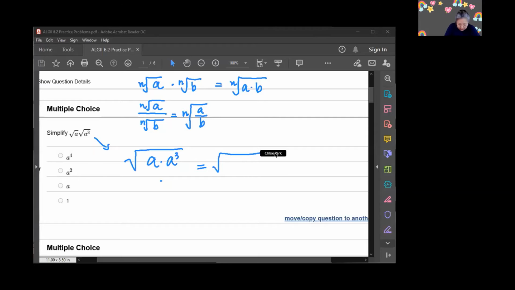A times A to the power of 3 is A to the power of 4, right? We already saw how to simplify this in the previous lecture, and it comes out as A squared. So this is the answer. Good? Okay, clear.